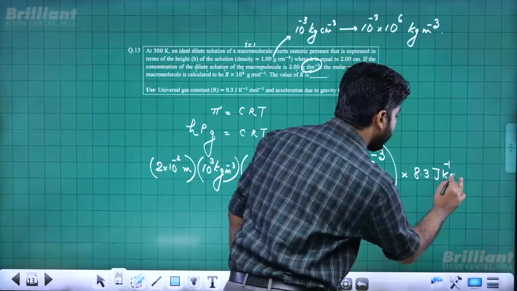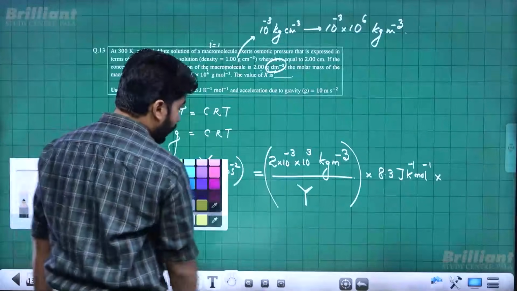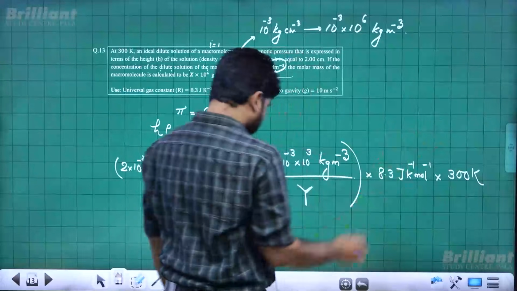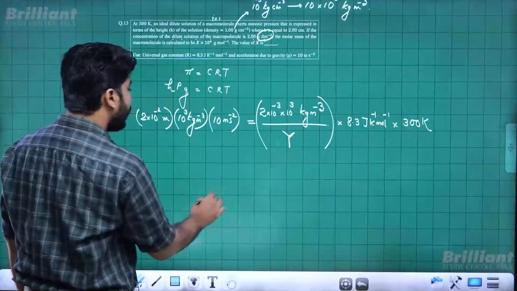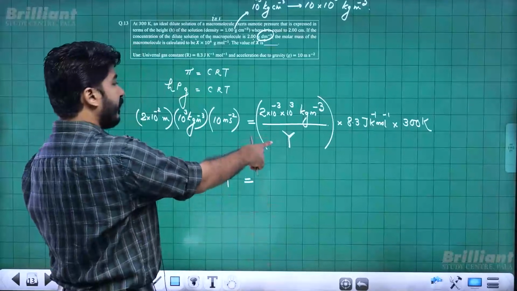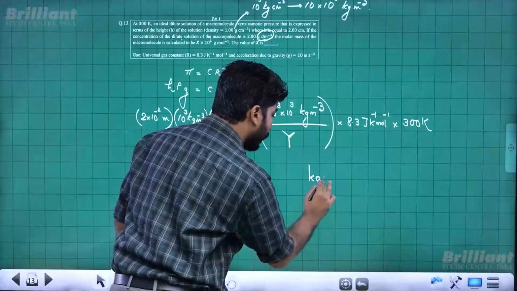This is SI unit only. Times T, T is 300 Kelvin. So every value being in SI unit, it's very straightforward. We will be getting the value of Y, which is the only unknown here, in SI units itself, kilogram per mole.